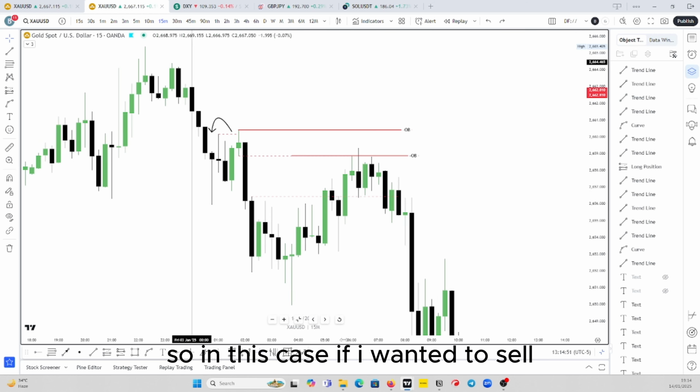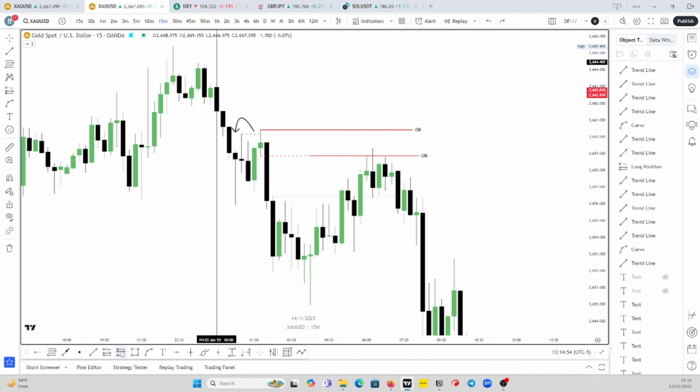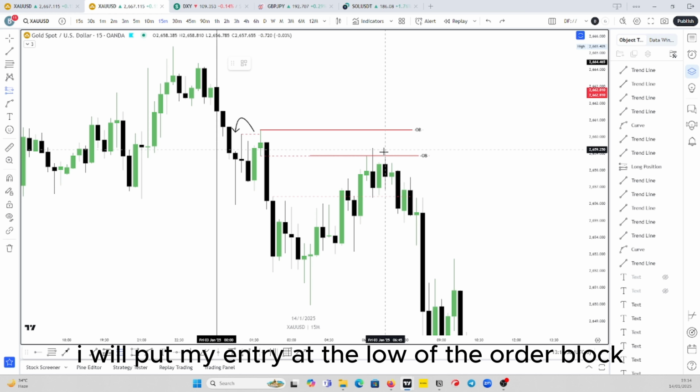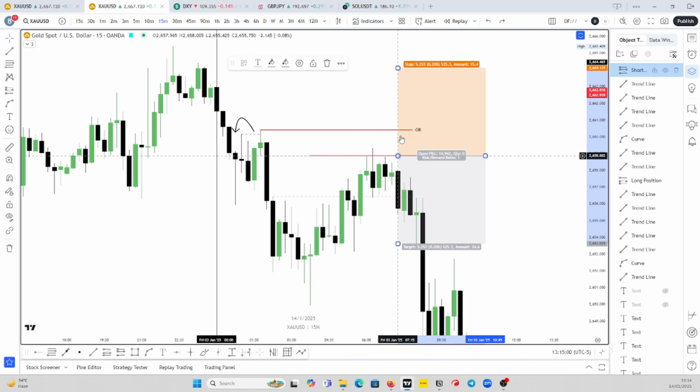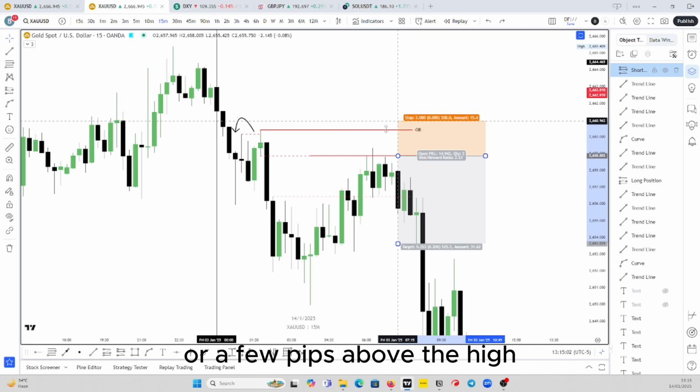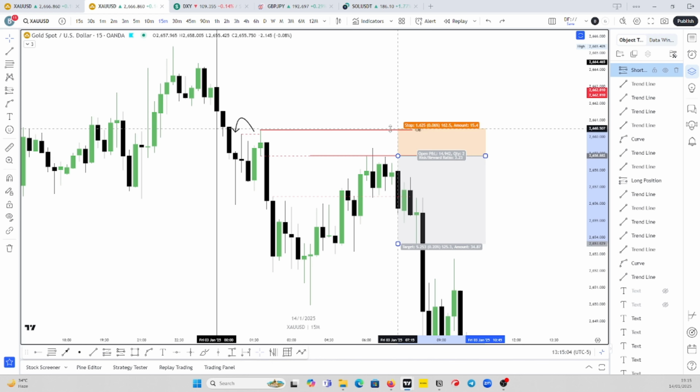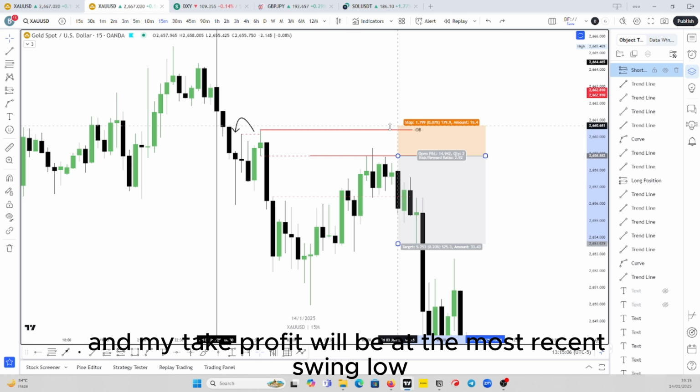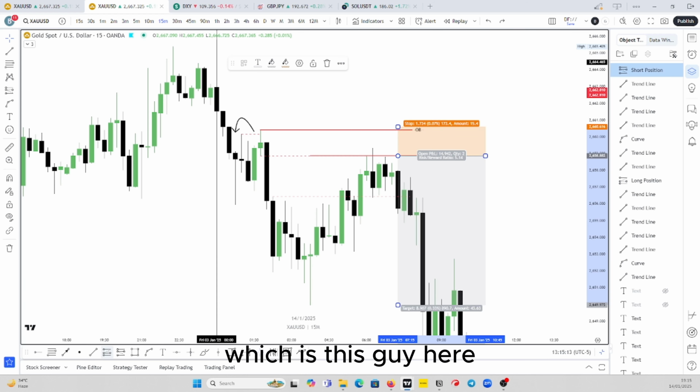So in this case, if I wanted to sell, I will put my entry at the low of the order block. My stop will be at the high or a few pips above the high. And my take profit will be at the most recent swing low, which is this guy here.